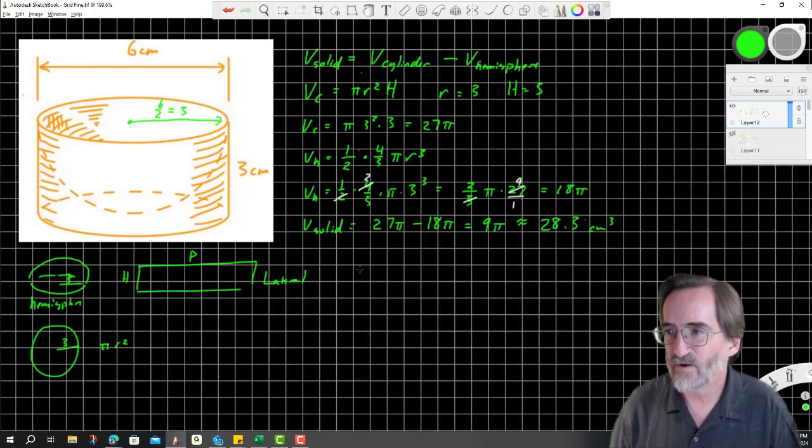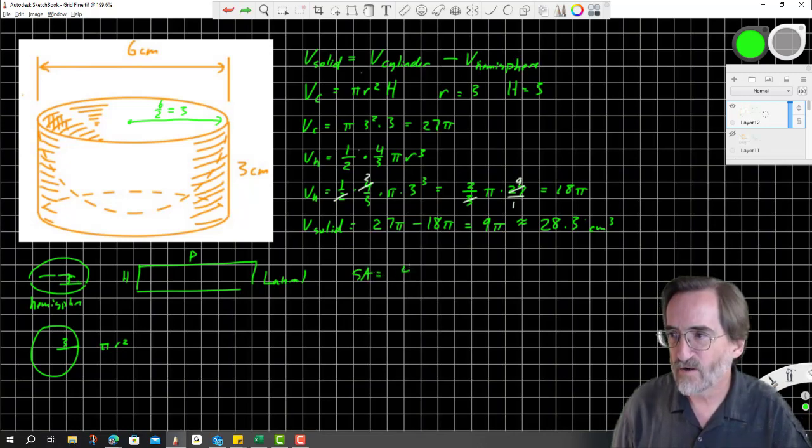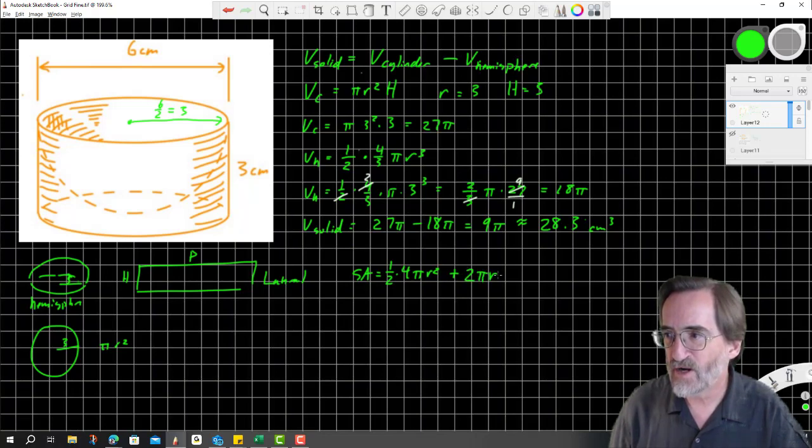The hemisphere is 4 pi r squared, but it's a hemisphere, it's half a sphere, so it's half of 4 pi r squared, plus the lateral area, which is the circumference of the circle, 2 pi r times the height, plus the base, the bottom, which is pi r squared.